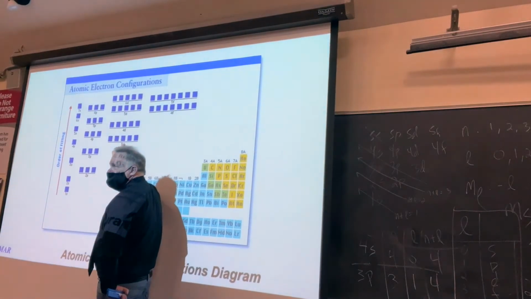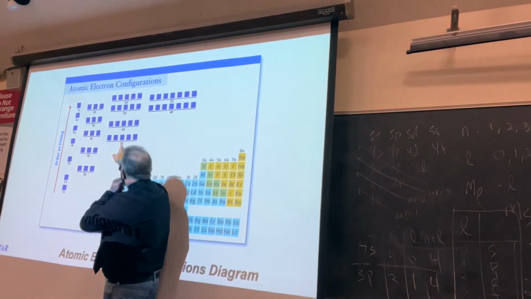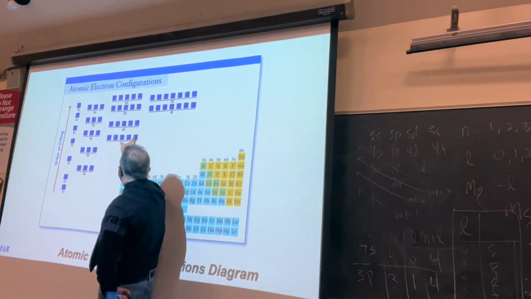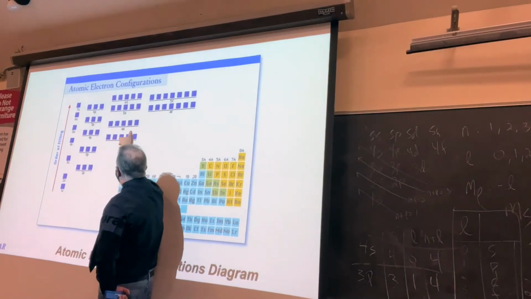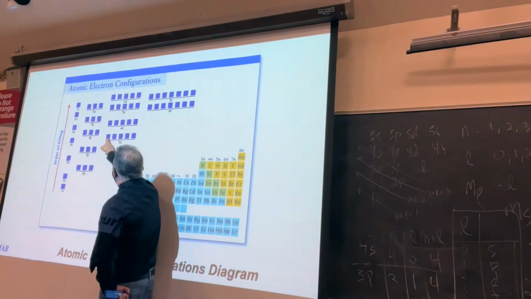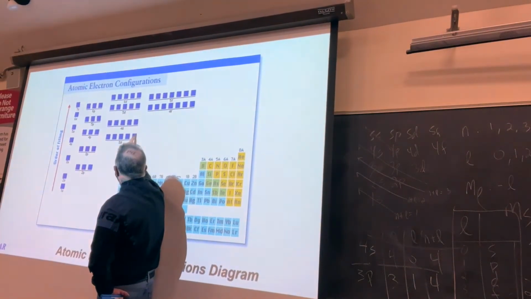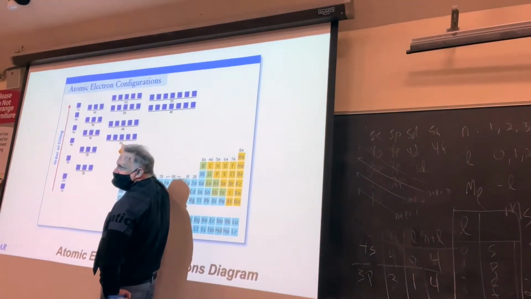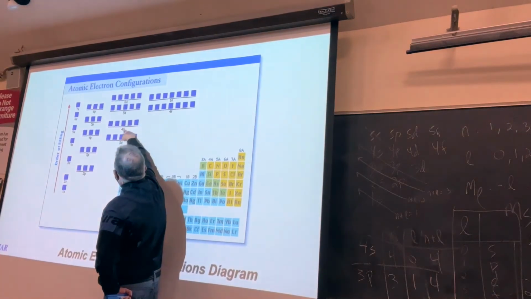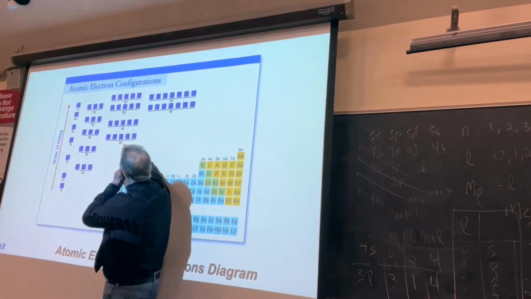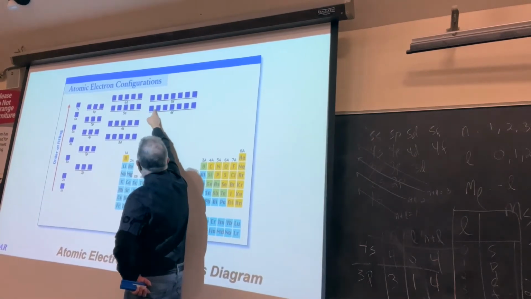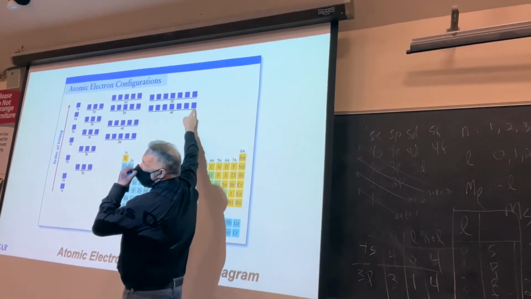The d's have L equals 2. So their m sub l's go from negative L to positive L: negative 2, negative 1, 0, plus 1, plus 2. 5 orbitals in the d subshell. All of the d's have 5 of them. Notice that the f's with L equals 3, negative 3 to positive 3, have 7 orbitals.